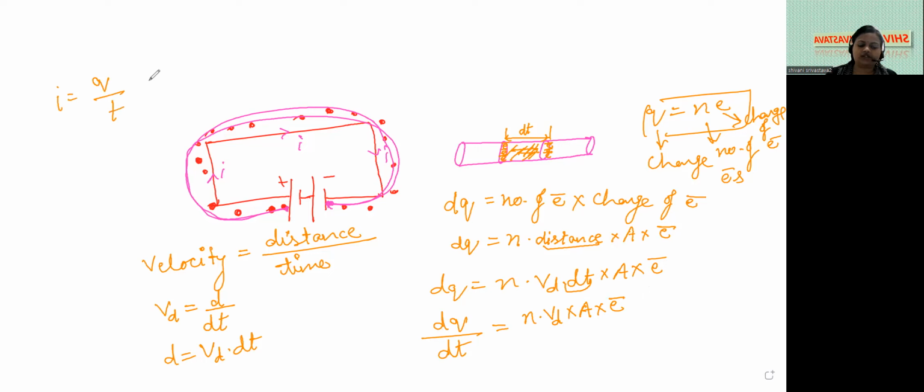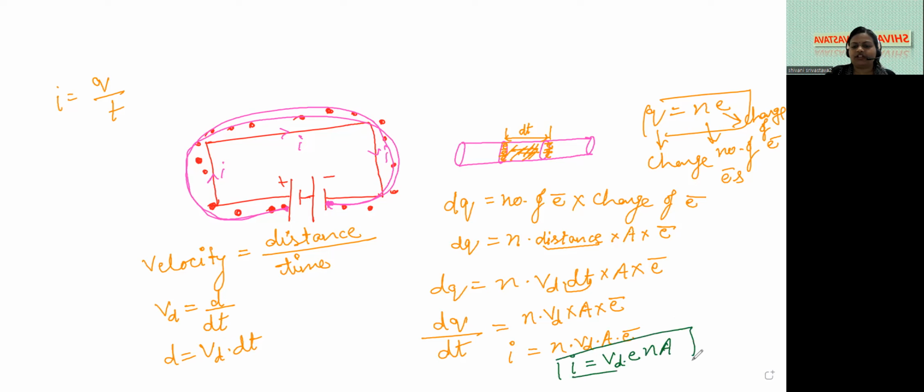So in place of dq upon dt, we can put I. So I is equal to n into Vd into A into charge of electron. Now, if we rearrange it, we can write it as I is equal to Vd e n A.